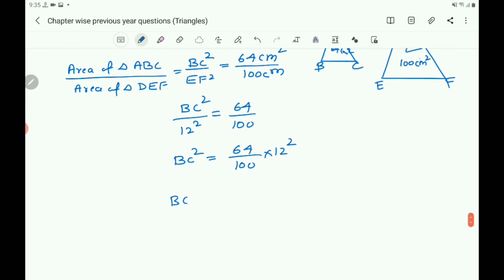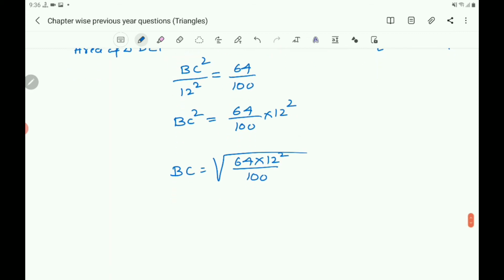Then BC square equals, here you can note that take the root on both the sides. That becomes BC is equal to square root of 64 into 12 square by 100, and then BC is equal to square root of 64 is 8, and square root of 12 square is 12, and square root of 100 is 10.